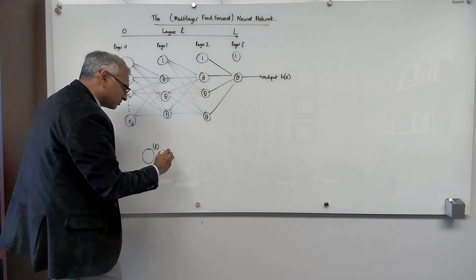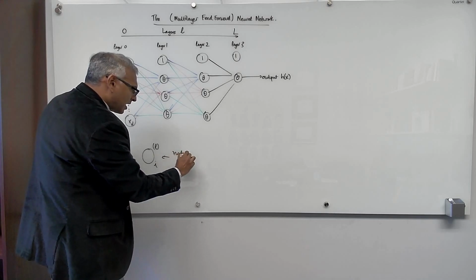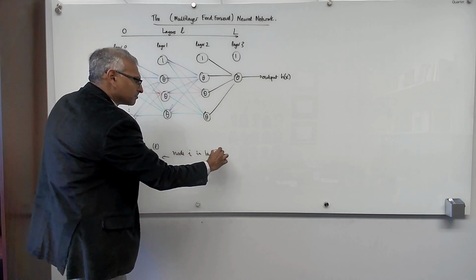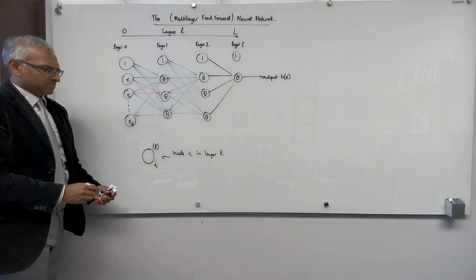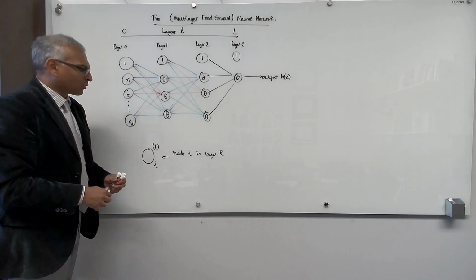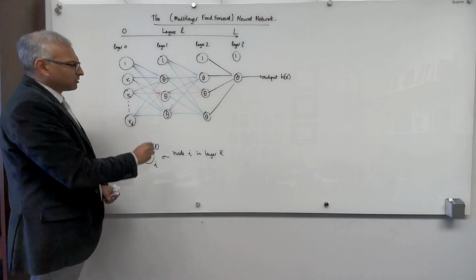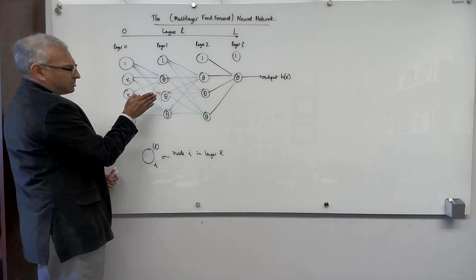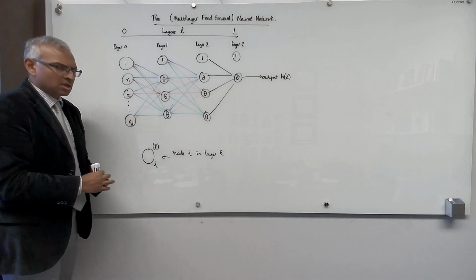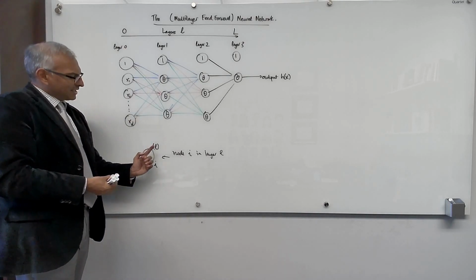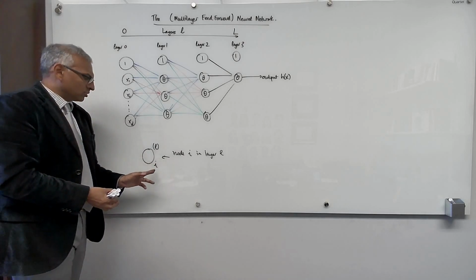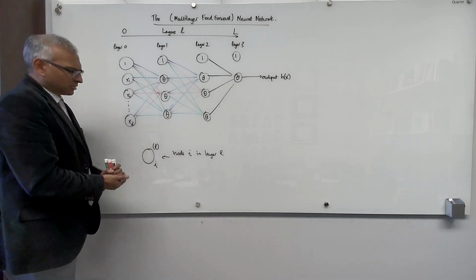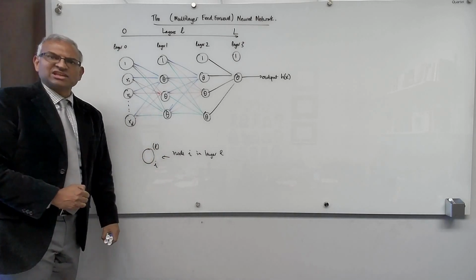So this is node i in layer L. If we want to refer to a quantity particular to this node, for example the input to this node, or the output of this node, we could talk about the input at layer L, position i, or the output of a node in layer L at position i.